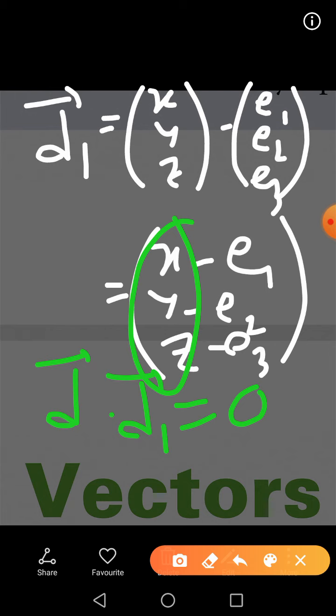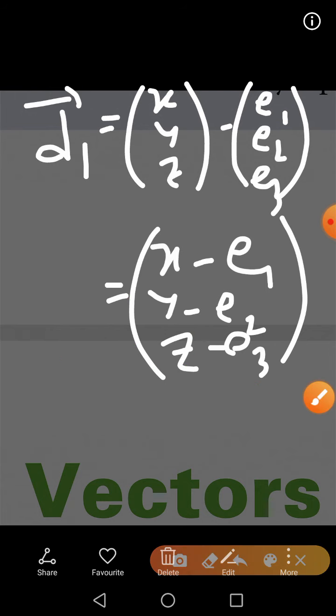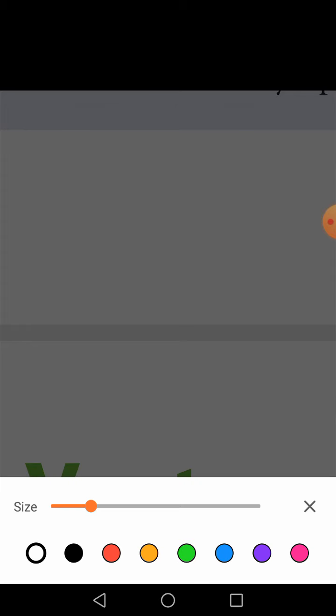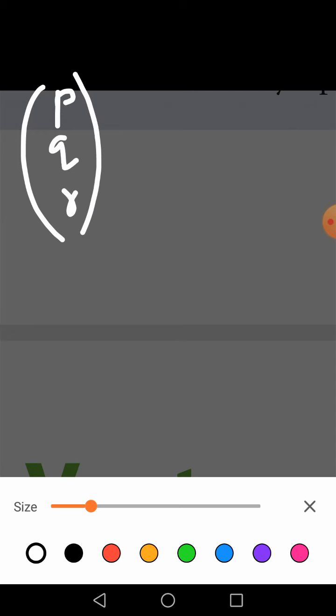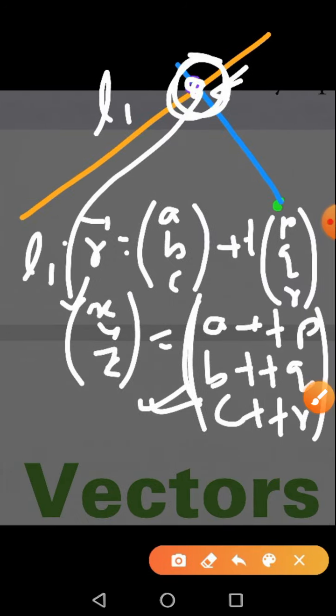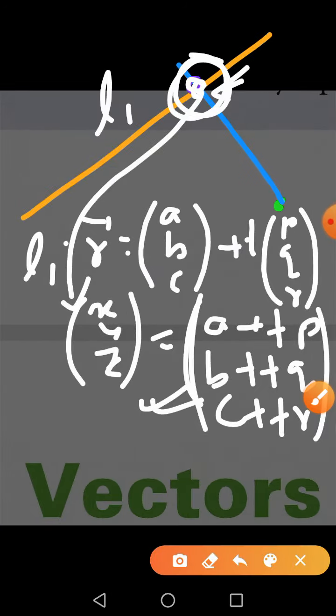Rather than making it more complicated, the direction vector D, which we were calling P, Q and R, isn't it? Oh yes, it was P, Q and R.